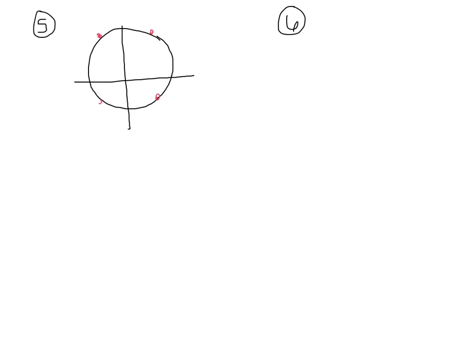And we're just estimating, but I'm going to say, okay, this point is (4, 4). We're going to say this point down here is (4, -4). We're going to say this point over here is going to be (-4, -4). And this point over here is going to be (-4, 4).